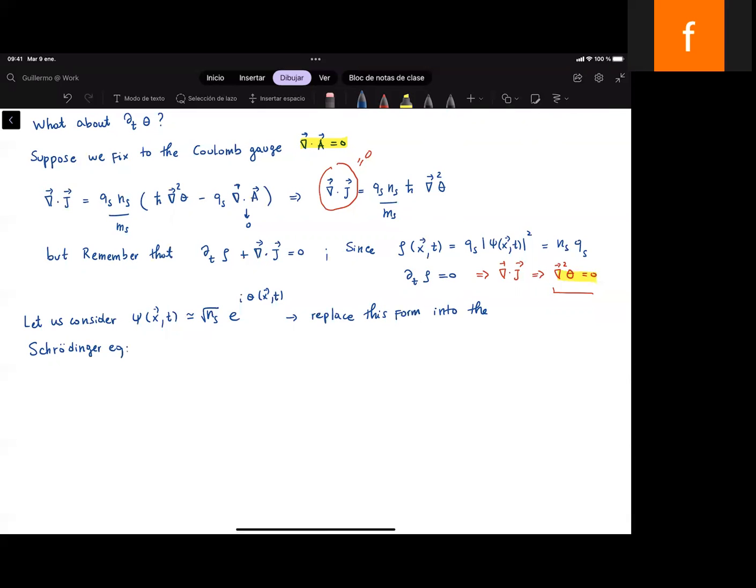So remember that we have i h bar derivative of the wave function.